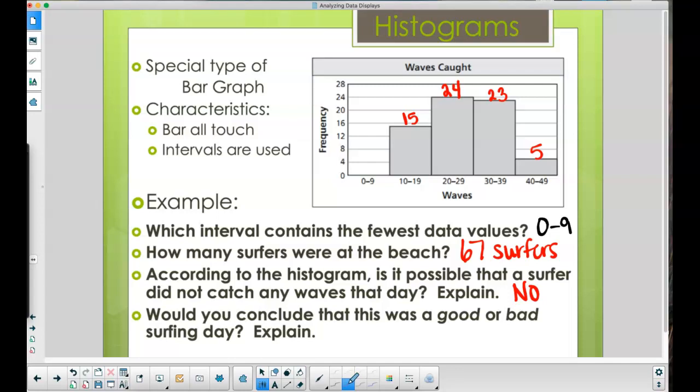Okay, so let me ask you this question before I go to the next one. Can you tell me how many people caught 10 waves? By looking at this histogram, can you tell me how many people caught exactly 10 waves? What do you think?